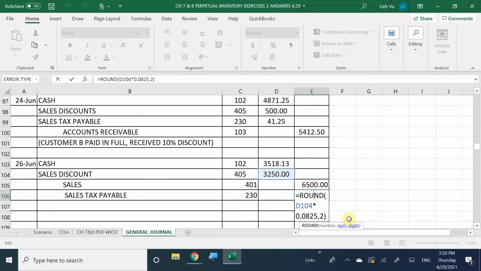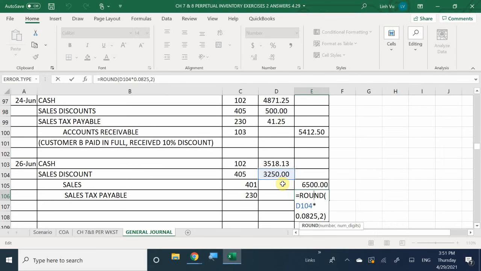So I took a shortcut here, because if I took 65 minus the $32.50, I'm just going to get $32.50. That's what the price is.